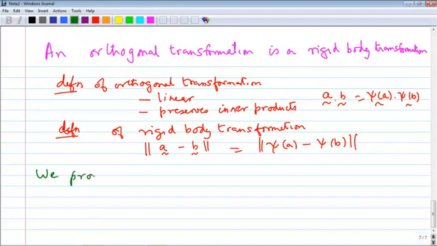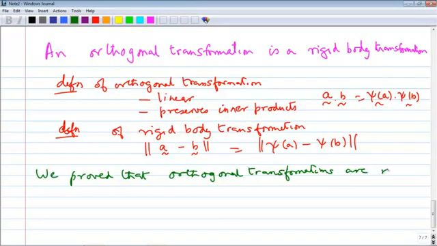We proved that orthogonal transformations are rigid body transformations.